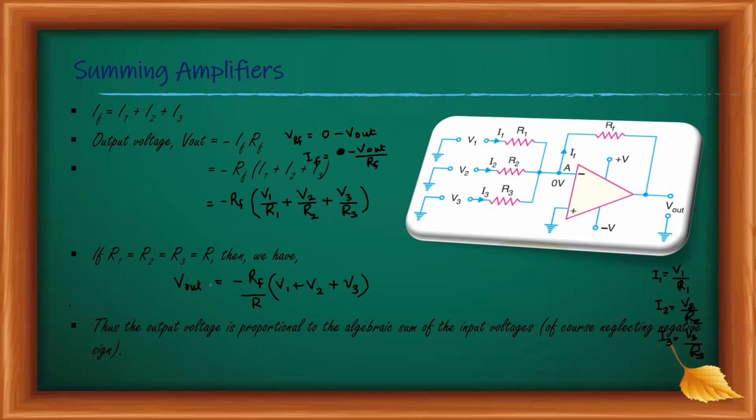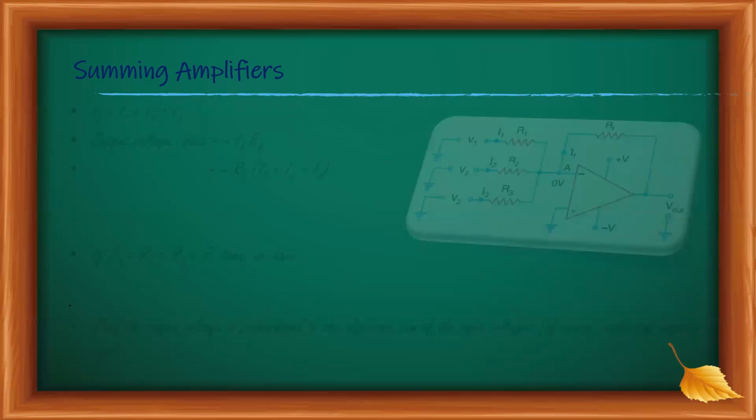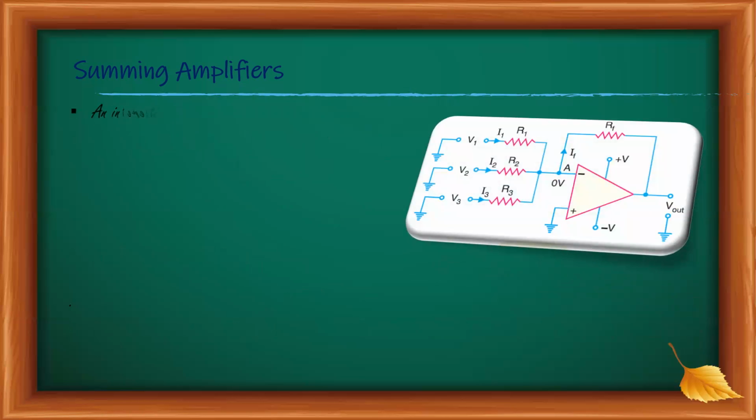Here the output voltage is proportional to the algebraic sum of input voltages, or V out by input voltage must be equal to minus RF by R. There is a gain. For unity gain, to obtain unity gain, we must take RF is equal to R, isn't it?